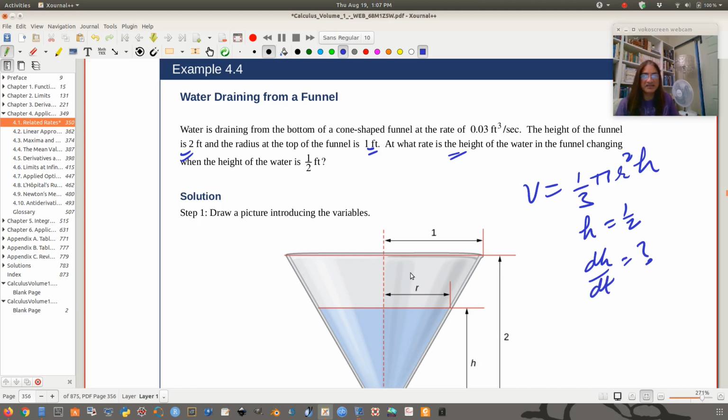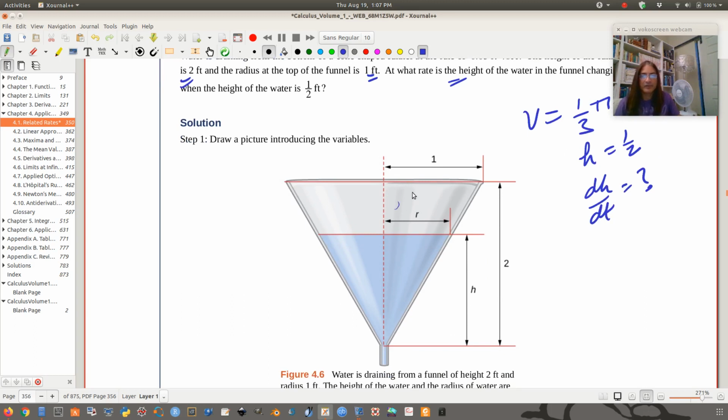So what we see is, if you look at these two triangles, this triangle and this triangle, they are similar, right? So H over R will be 2 over 1, 2. So H is 2R.